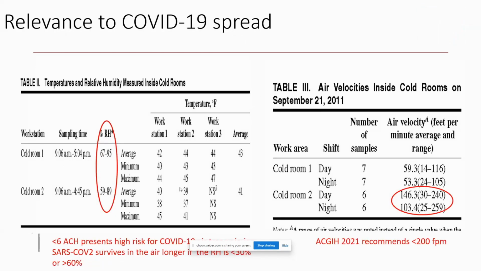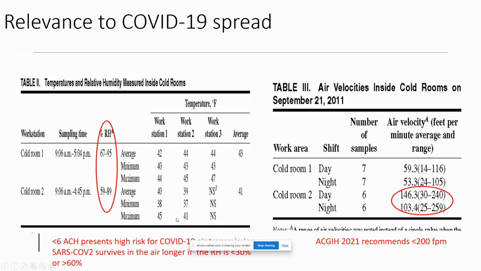Another aspect I observed in this study, which can put people at high risk for getting this COVID infection, is the high relative humidity, high air drafts, and no air changes.